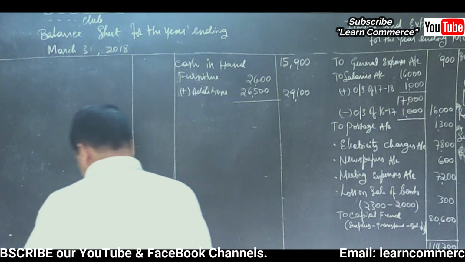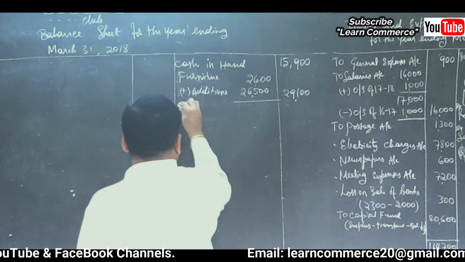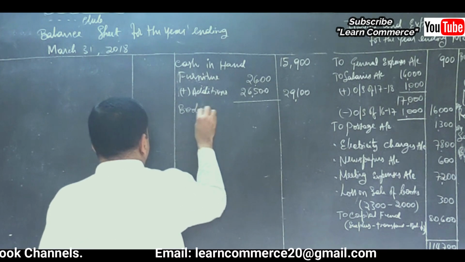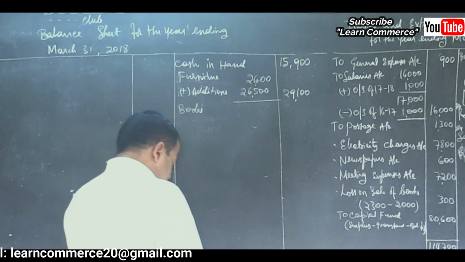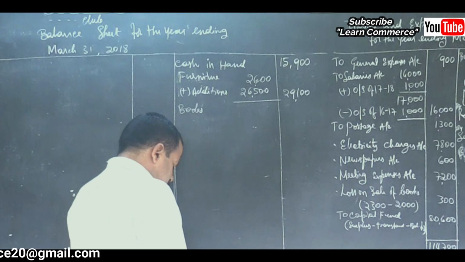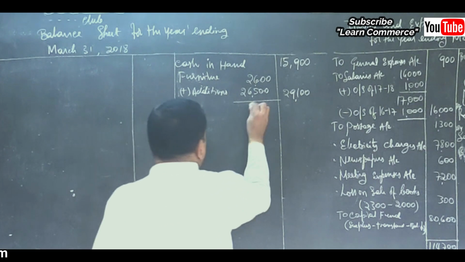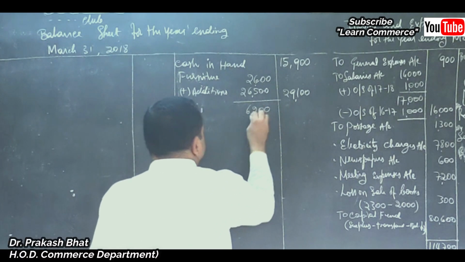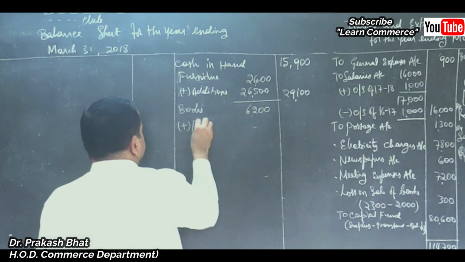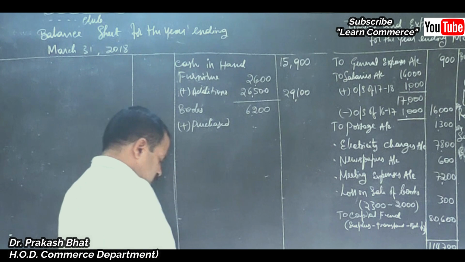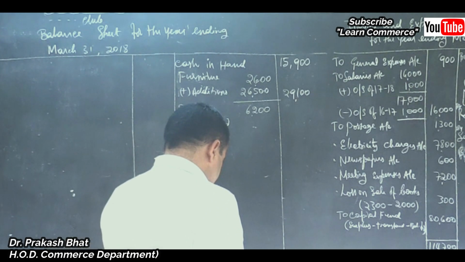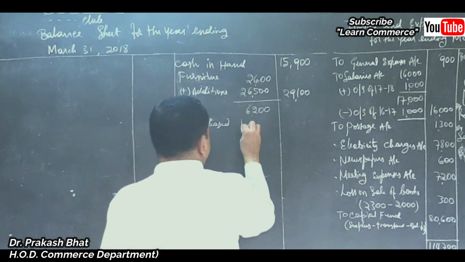Yes. Then books. Inner column, there is an adjustment: 6,200. Opening books. Add purchased, how much? 13,000.